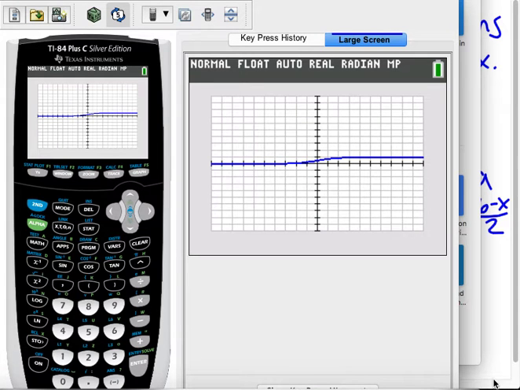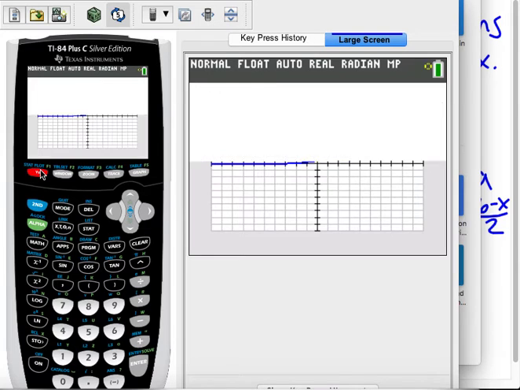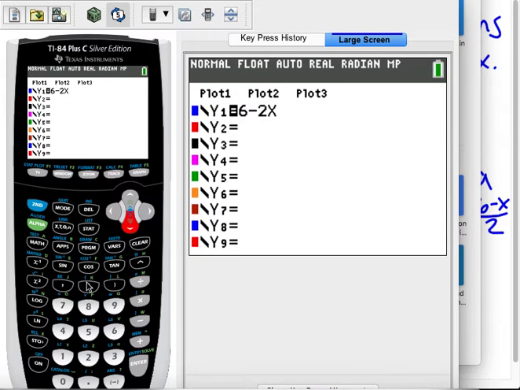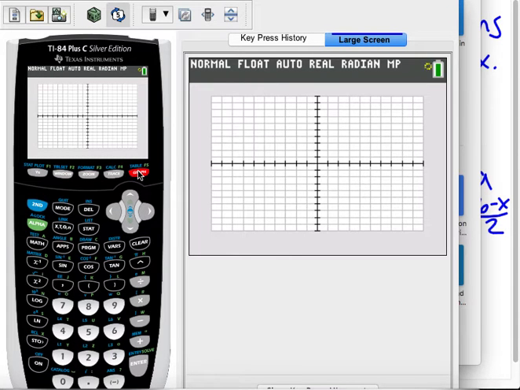So if I'm going to graph those, we'll go y equals, the first one was 6 minus 2x, and the other one was, in the numerator we have 6 minus x, and in the denominator 2. So if I hit graph and I look at them, they should be mirror images over the line y equals x. So there's the first one, here's the second one.